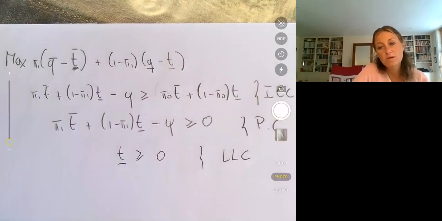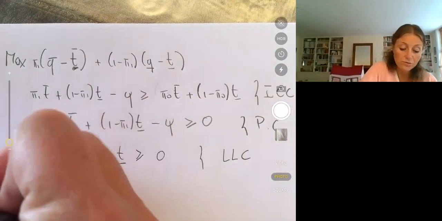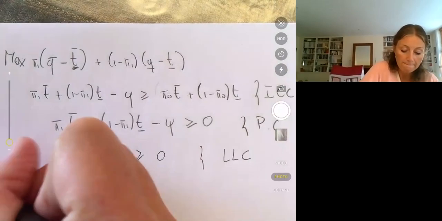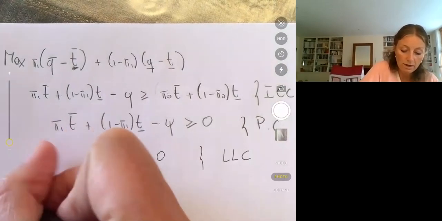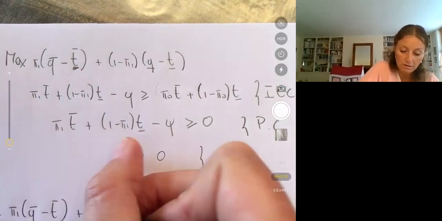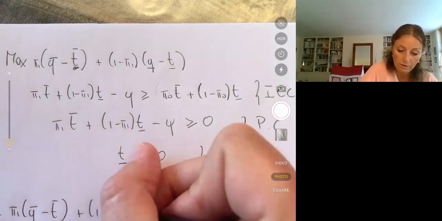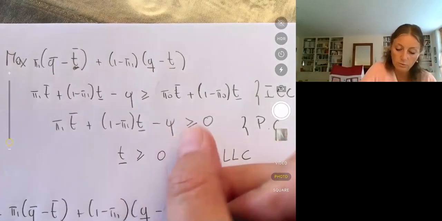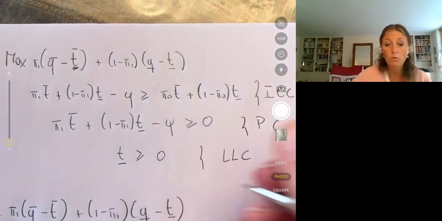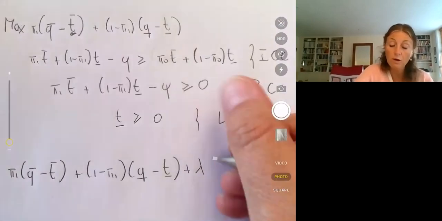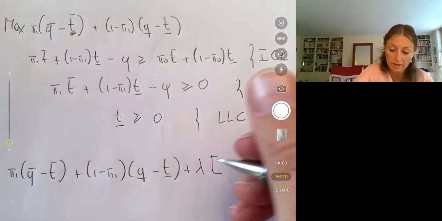Now, exactly as we did before, the technique is to construct the Lagrangian function L: pi 1 Q upper bar minus T upper bar, plus 1 minus pi 1 Q lower bar minus T lower bar. And now we can add each constraint multiplied by the corresponding Lagrange multiplier.